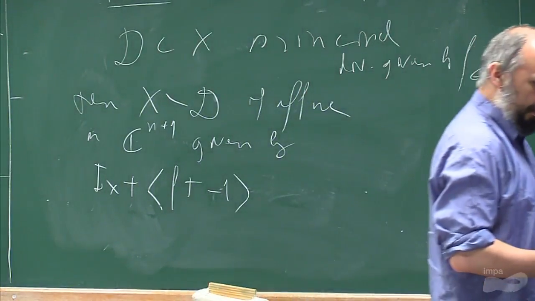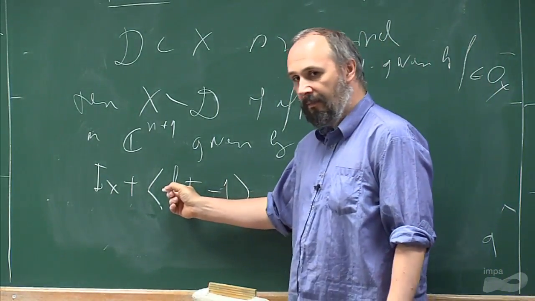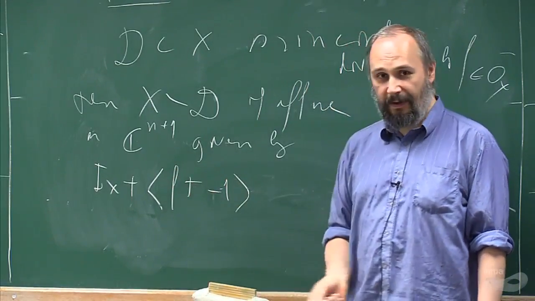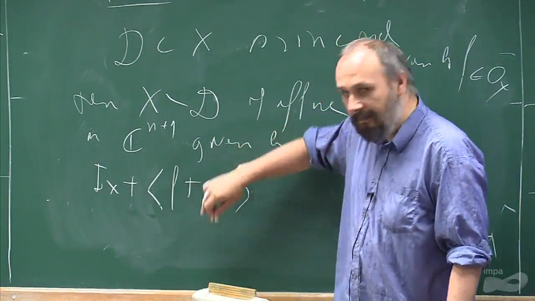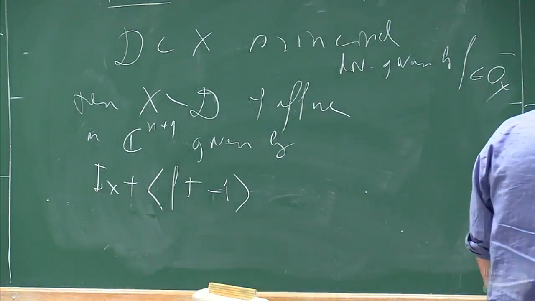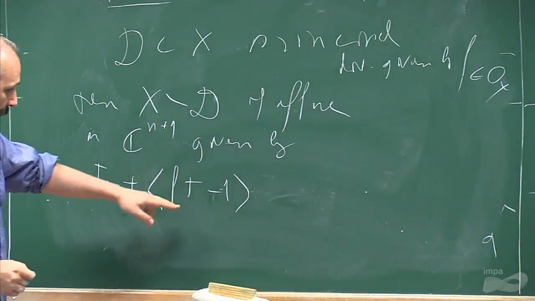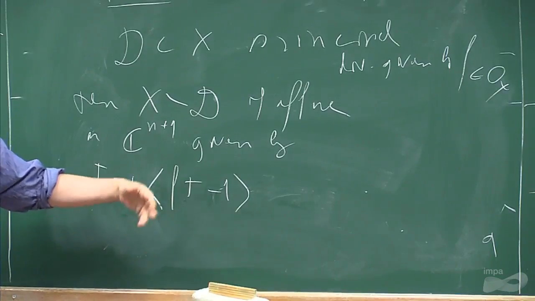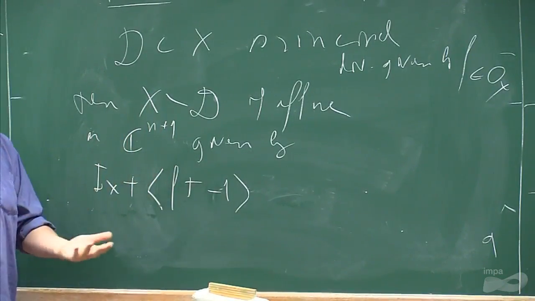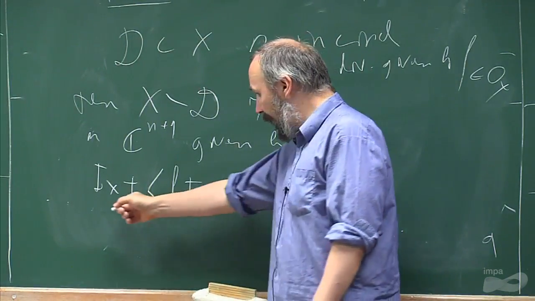This is something we have already done. You want to invert F, so you add another variable and write Ft equals 1. The projection from this, the forgetful map, is clearly injective because t is just F^(-1). It doesn't give you any new information, but now F is invertible.